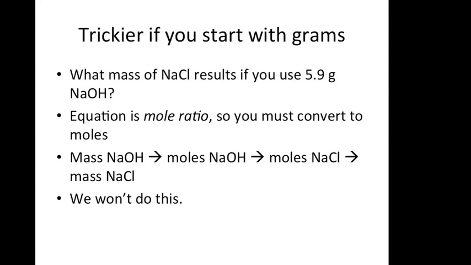And then you would say, now that I have moles of sodium chloride, you're going to get to grams of sodium chloride, again, doing what we did at the beginning. So this part that was in chapter 3 is kind of the middle part of a more complicated stoichiometry problem.